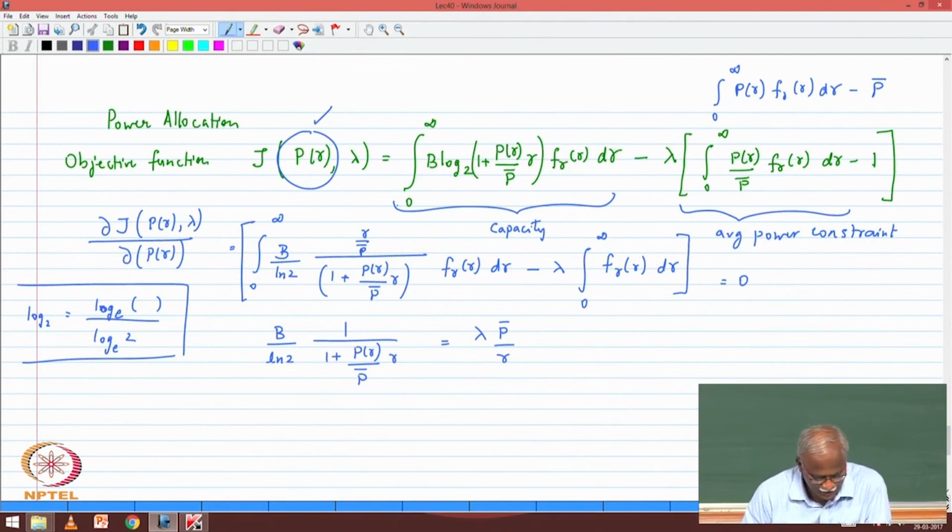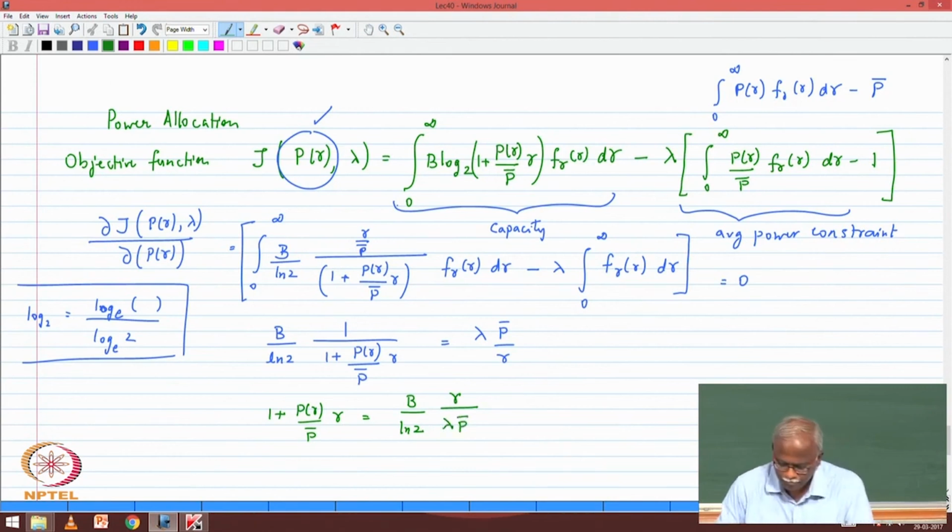Rewriting this, what we will find is that 1 plus p of gamma by p bar of gamma, I have also done the inversion, comes out to be b by ln 2 gamma divided by lambda times p bar. One step away from the answer.